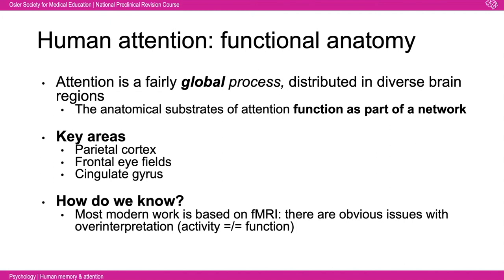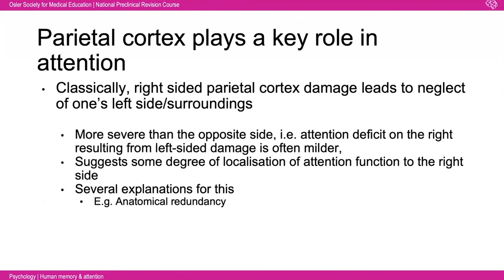But there are obvious issues with studies based on fMRI, because there's a bit of an overinterpretation problem. Just because a brain region is active doesn't mean it's essential to that function. There's a bit of a disconnect there, and it's sometimes termed neophrenology. It's something we won't dive into too much here.